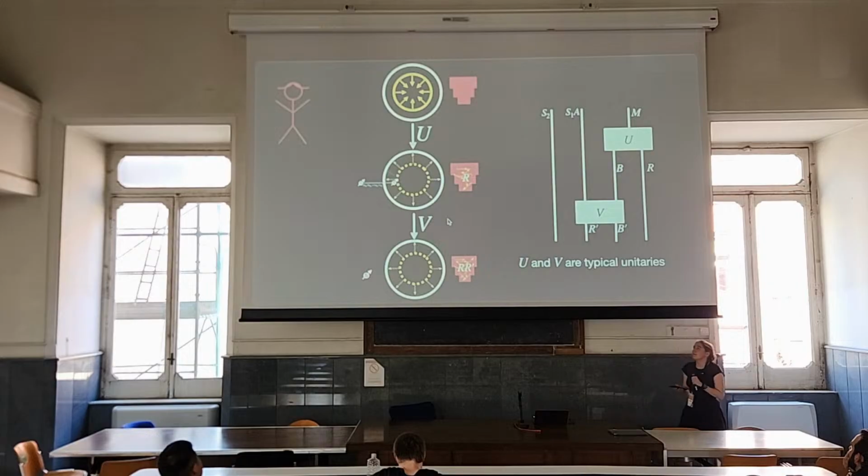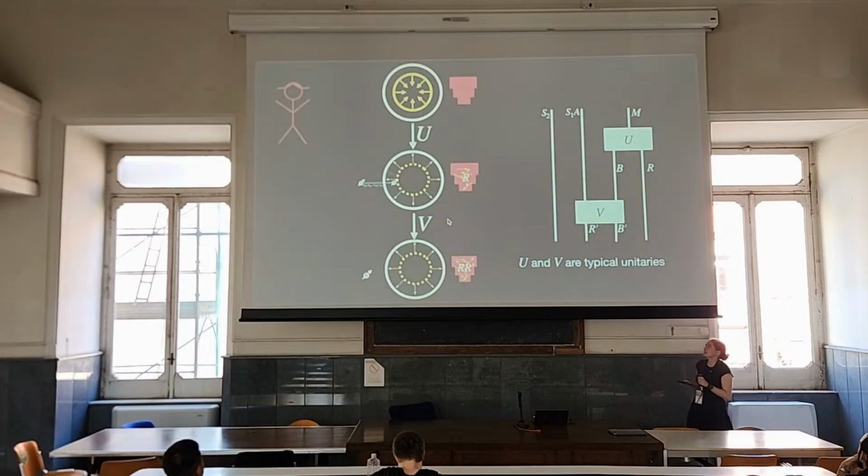So now Bob would like to figure out if he can apply some unitary onto the quantum computer, which harbors the radiation R prime, and actually recover the spin R1.